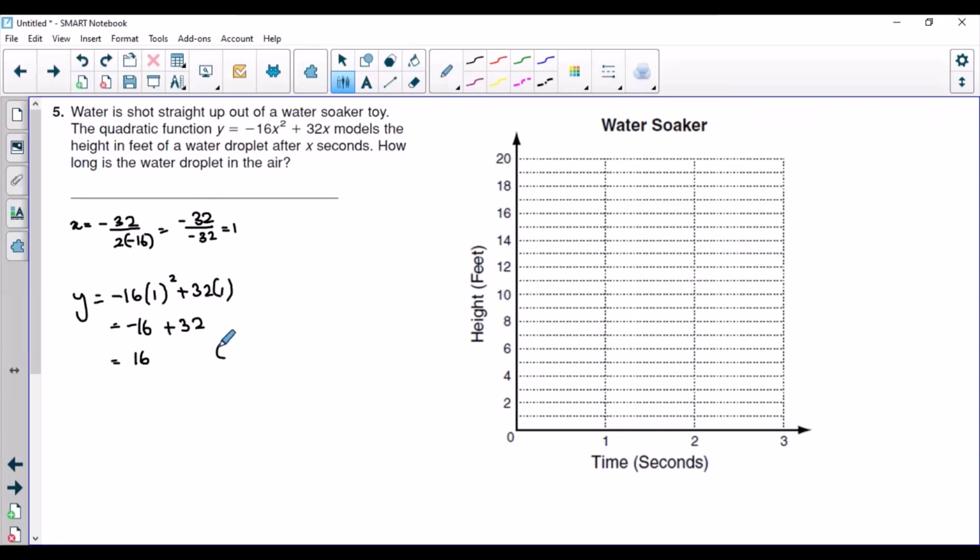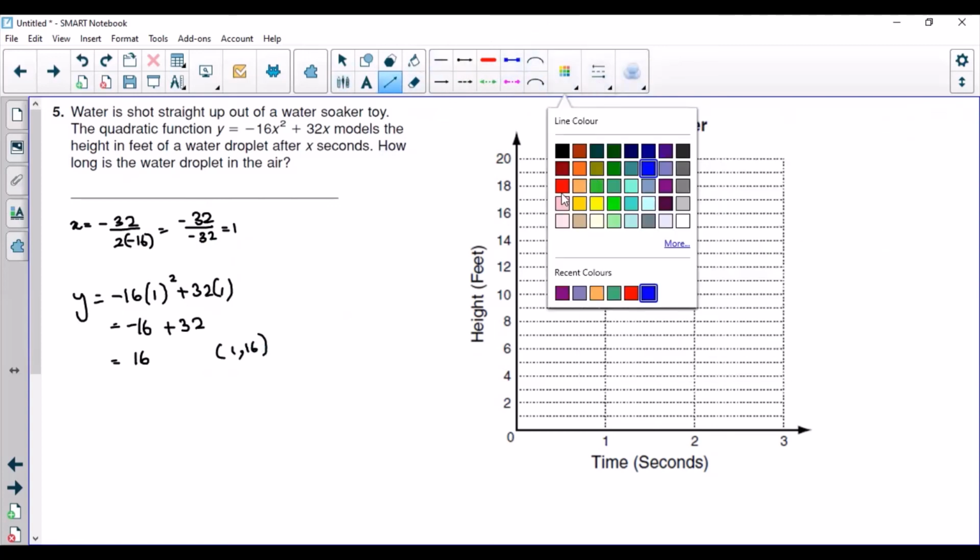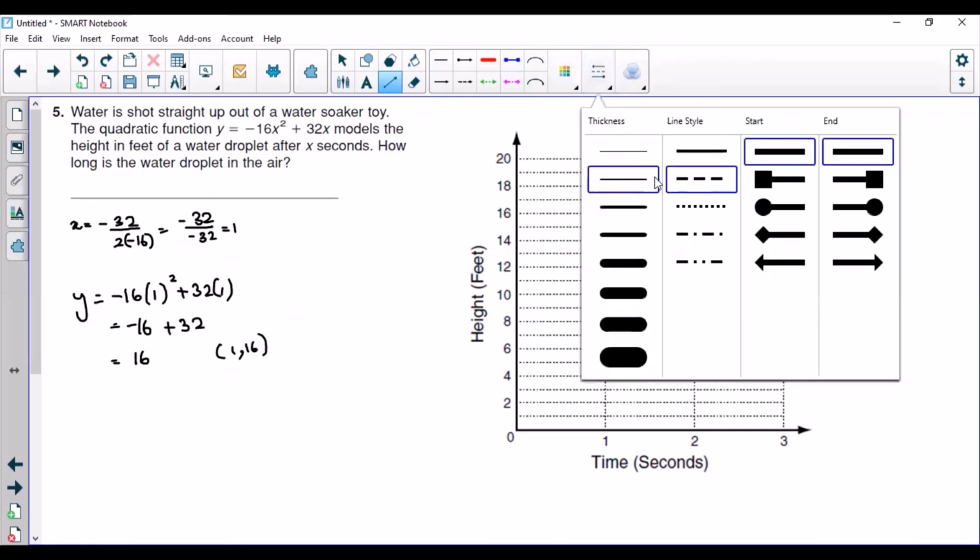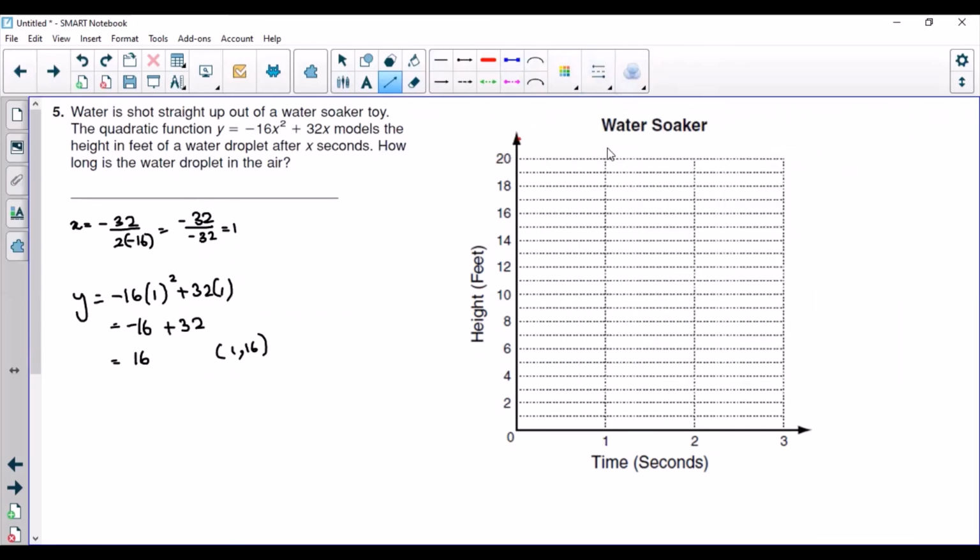So the vertex is going to be at 1 and 16. So first let's draw the axis of symmetry, which is 1. This is going to be your axis of symmetry, and the vertex is going to be 1 and 16.